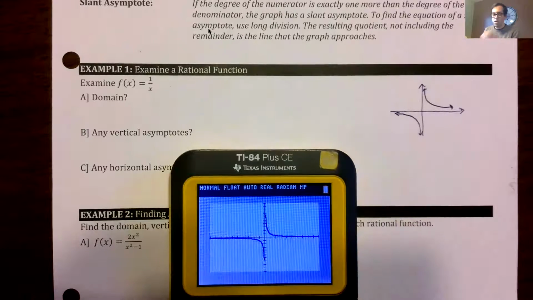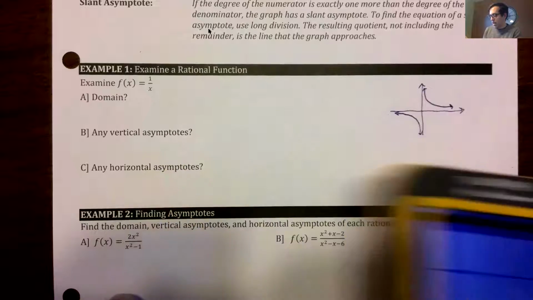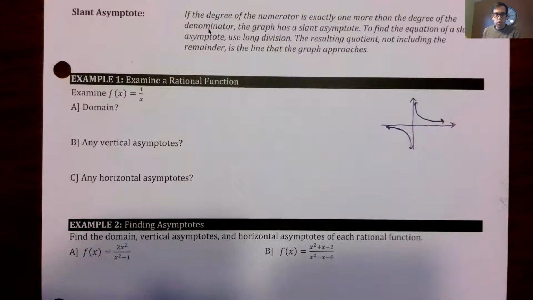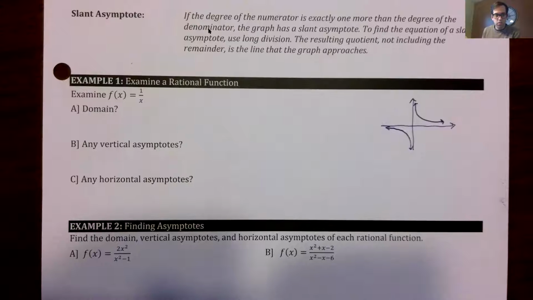All right, the parent graph here, we actually learned as the reciprocal function because 1 over x is like the reciprocal of x. It's another name for this. But the more advanced that these get, like you see in example 2, we're definitely going to only refer to those as rational functions, not reciprocal.